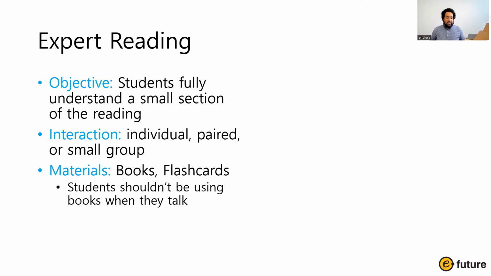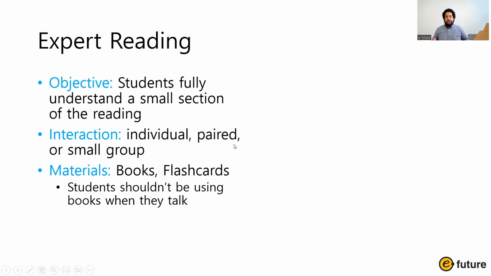And the objective here is that students fully understand a small section of the reading. And this is why this applies for very young learners or higher level learners. You want them to know a small section perfectly. This is where they're going to be able to answer all the questions no matter what.